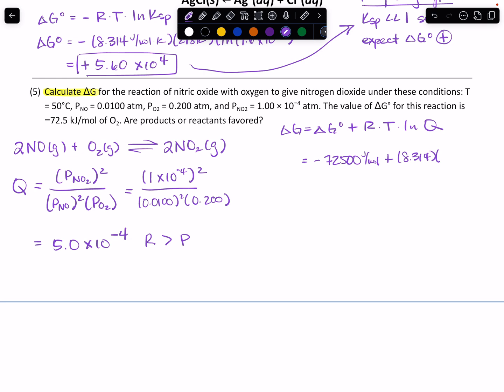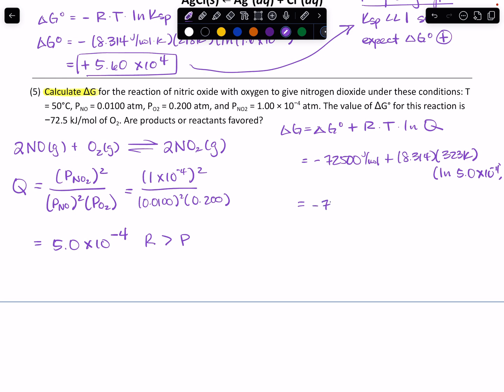I realize I did this wrong. That's okay. 273 plus 50 is 323 Kelvin. And that's going to be times the natural log of Q, which is 5.0 times 10 to the negative fourth.